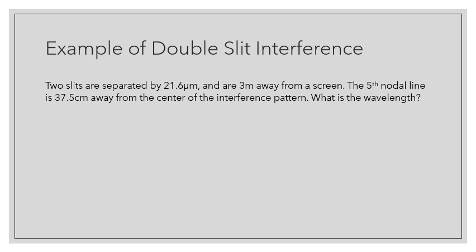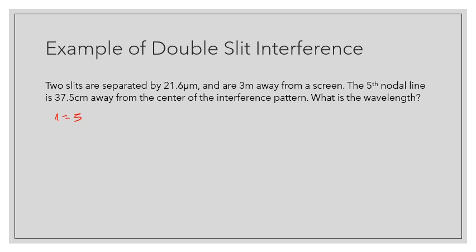So here's an example of double slit interference. So two slits are separated by 21.6 micrometers and are 3 meters away from a screen. The fifth nodal line is 37.5 centimeters away from the center of the interference pattern. So what is the wavelength? So we know that n is equal to 5 because it's the fifth nodal line.